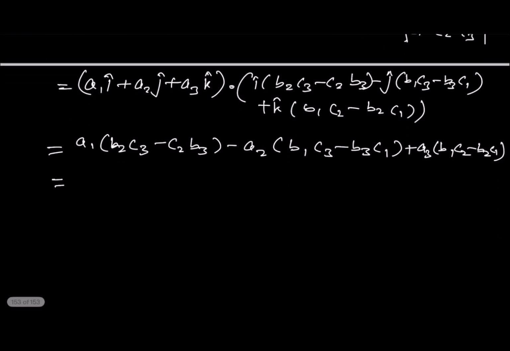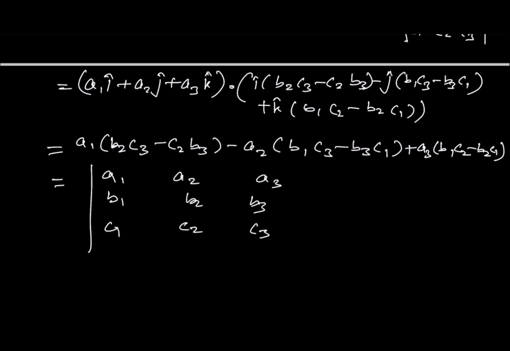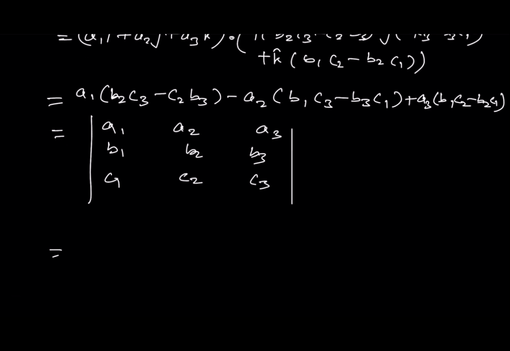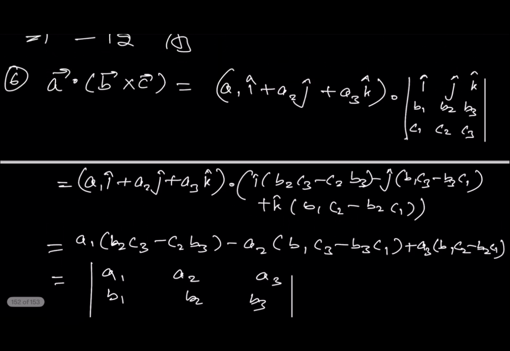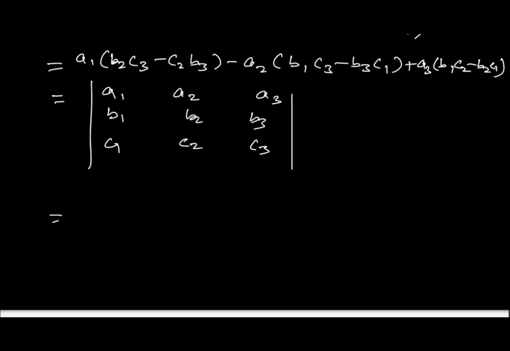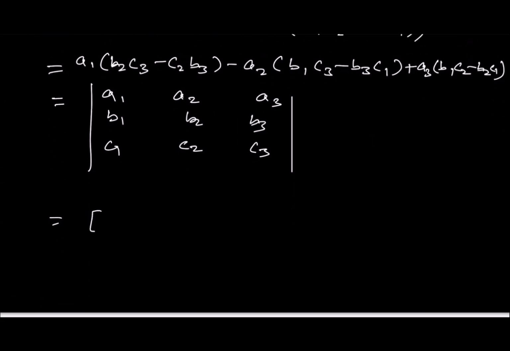Okay, and it becomes the determinant of A1 A2 A3, B1 B2 B3, C1 C2 C3, and it is nothing but what I'm calculating: A dot B cross C, which is nothing but box ABC.